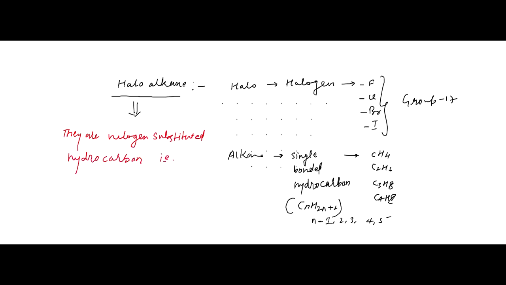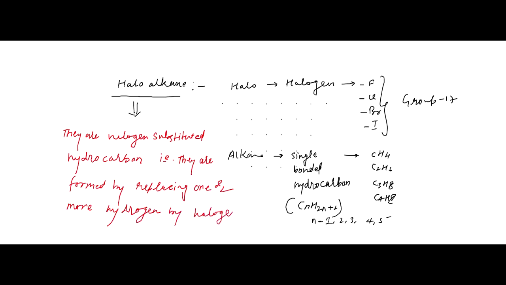They are formed by replacing. Carbon you cannot replace. Which one can you replace? Hydrogen. Replacing one or more hydrogen by halogen atom.